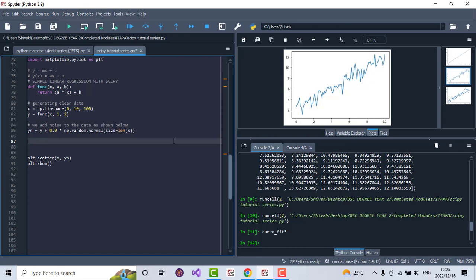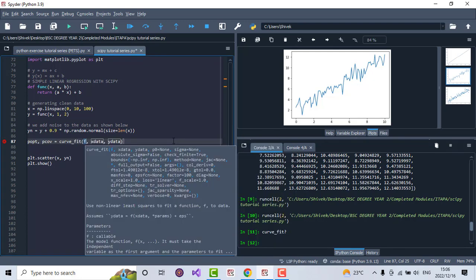Now, as you just saw, the curve fit function returns two outputs, POPT and PCOV. So we set up two variables and set them equal to the curve fit function. Now we pass in the appropriate arguments for the parameters.